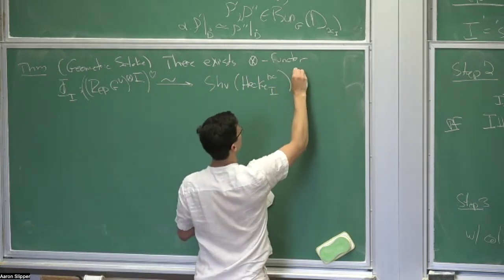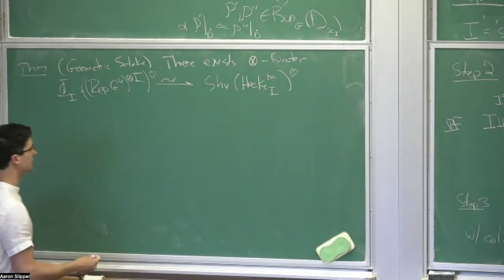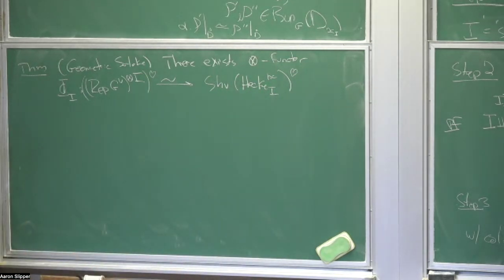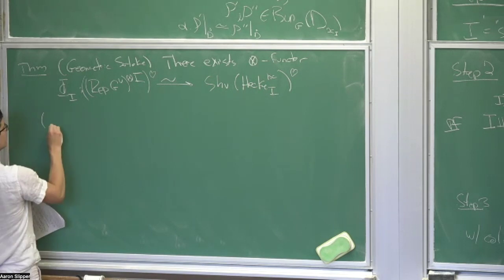And yeah, so again, the underlying abelian category. And this is an equivalence when I is a point.